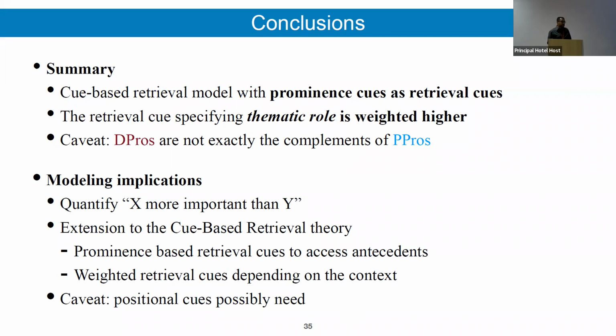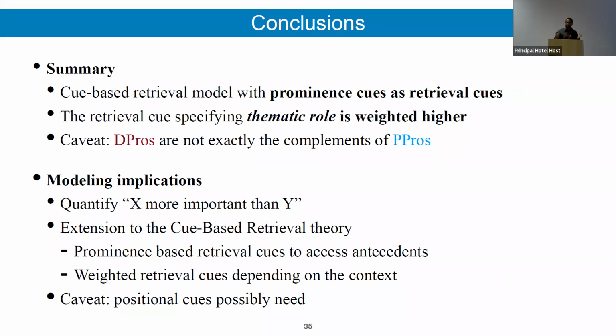And what are the implications for the modeling? It's not just about this particular data, but in general, what implication do we have because of this modeling experiment? One is that when we run some experiments and we find that one factor is more important than the other, what we conclude is that factor X is more important than factor Y. So what we are trying to do is quantify how much more important. Here we use 1.5 as the number.